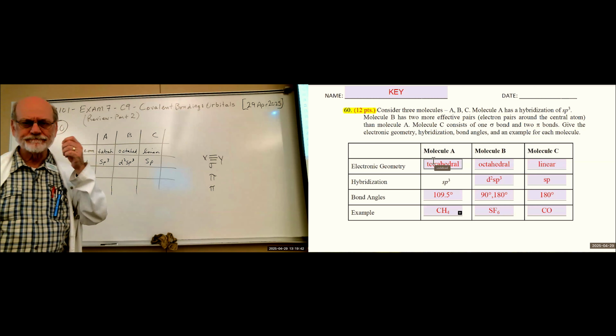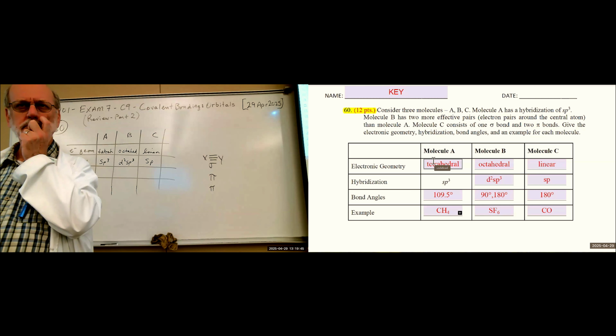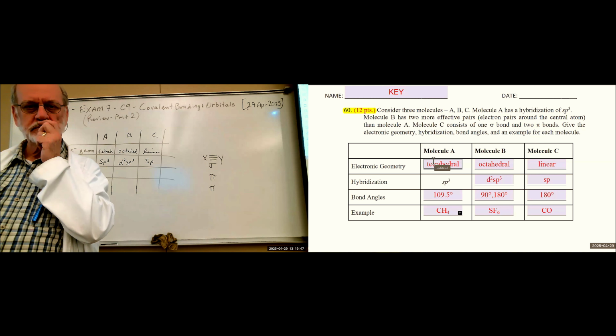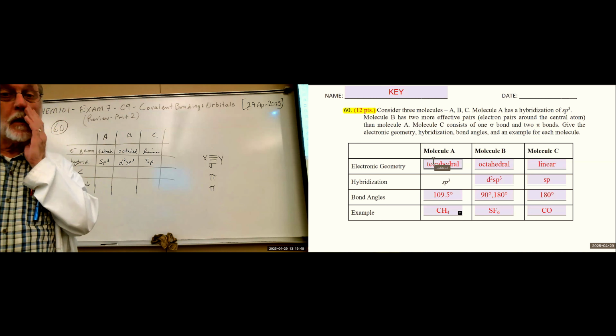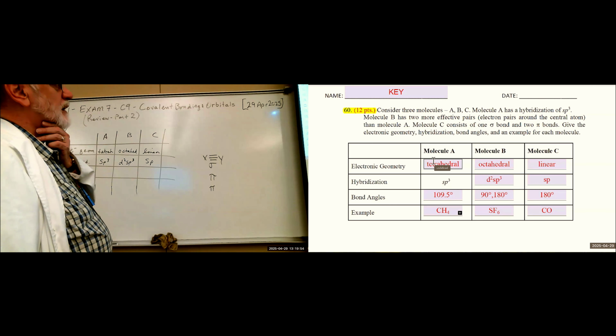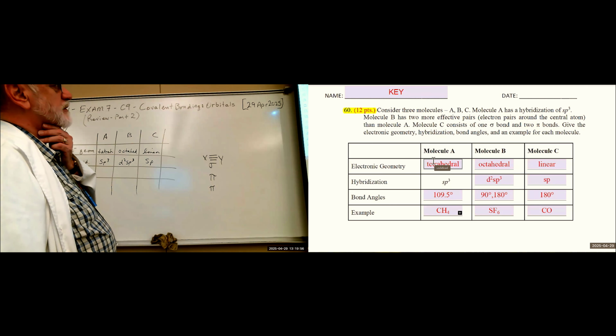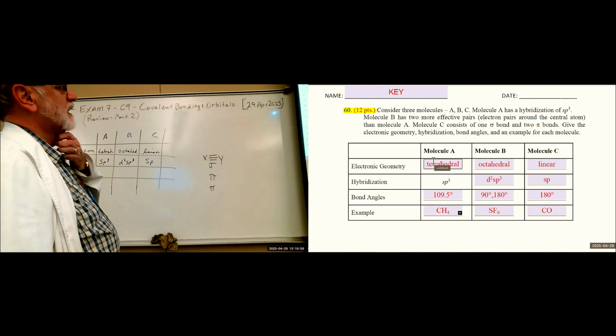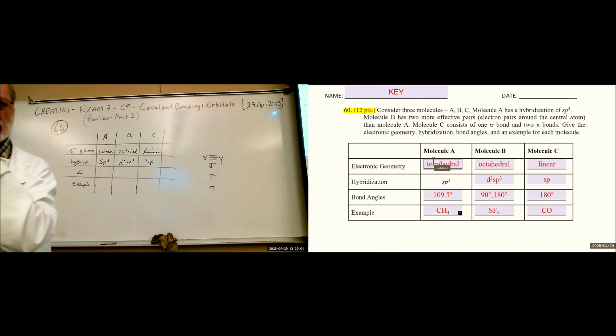On our review, or on our paper, we have molecular structure instead of geometry. Electron pairs, effective pairs. Would it have to be worded differently in order to be unambiguous?